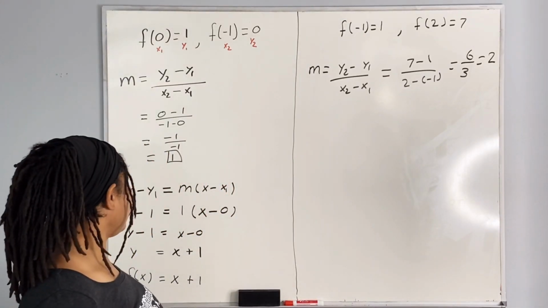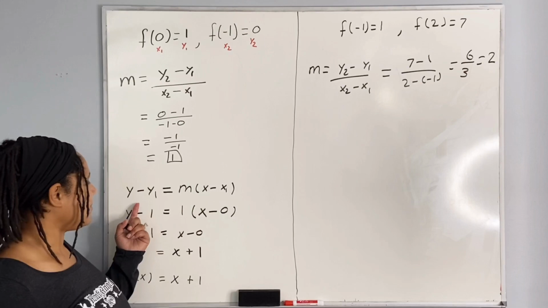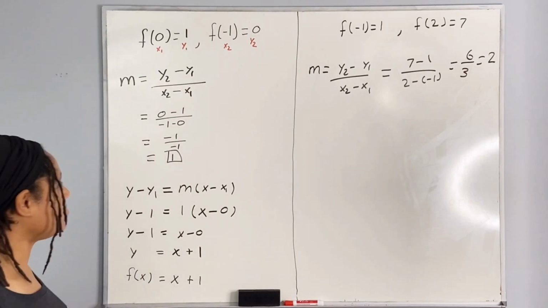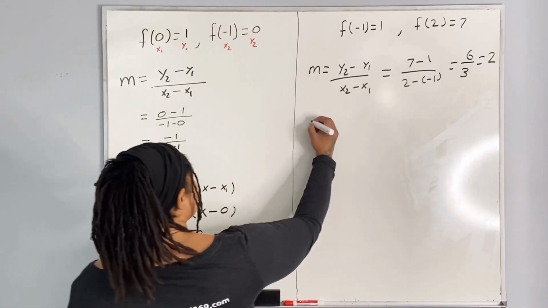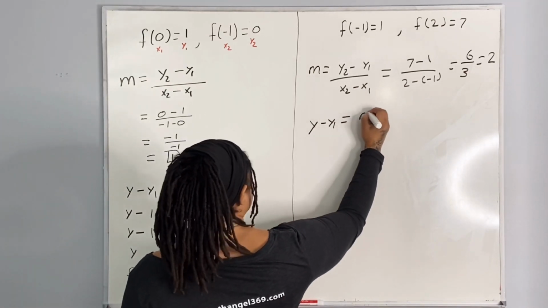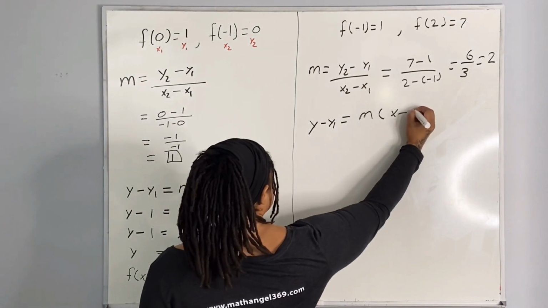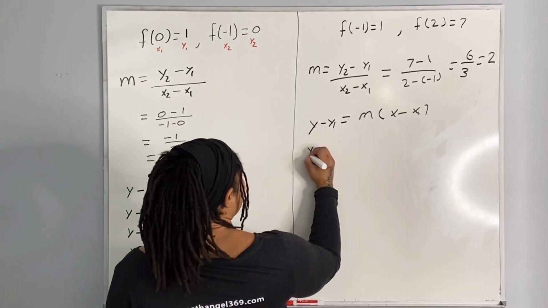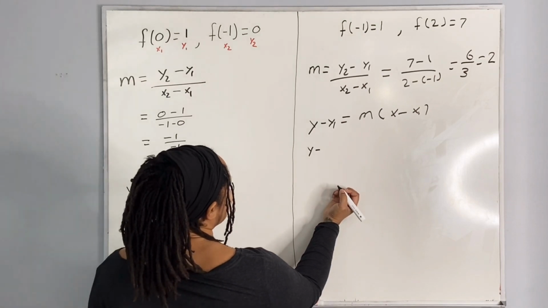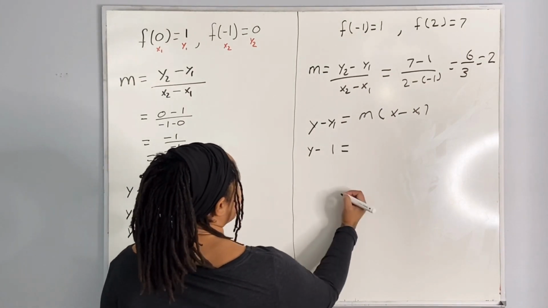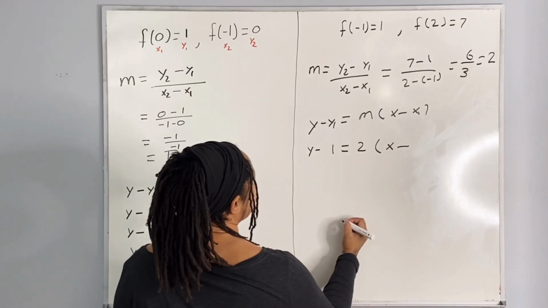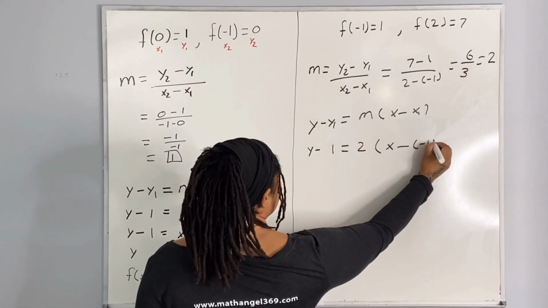So now I'm going to use my point slope formula, and I'm going to plug in the values. So y minus y1 is equal to m times x minus x1. So y minus our y1, which is 1, and our slope, which is 2, and x minus x1, which is a negative 1.